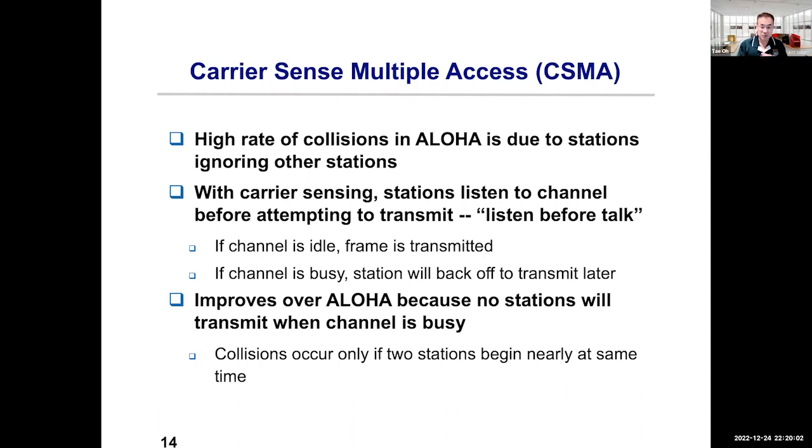So it's a big improvement over Aloha because no stations transmit at the same time. It checks whether the channel is busy or not. Some collisions still occur because two stations may try to send at the same time, okay?